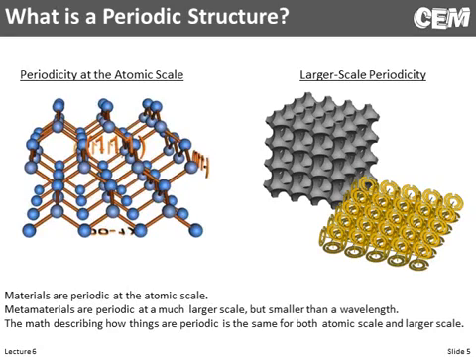So these are physical features that we intentionally machine or somehow form that would interact with an applied wave to do all kinds of crazy things, as you'll learn. So in this class, when we talk about things being periodic, we're really talking about the larger scale, where there's actual mechanical structures that are periodic in your device.